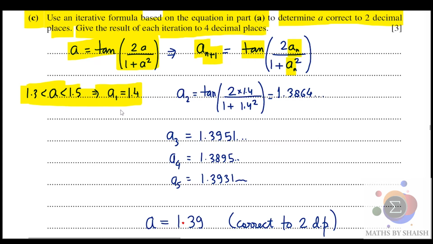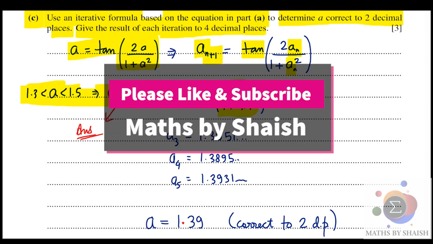Now we will put this value in the calculator as answer, meaning 1.4, and then press the equal key. Then we will get the answer as 1.4. Then we will get another iteration by just putting tan inverse of 2 into answer over 1 plus answer square. In the calculator, in place of 1.4, we are going to use answer. We will get directly 1.3864.